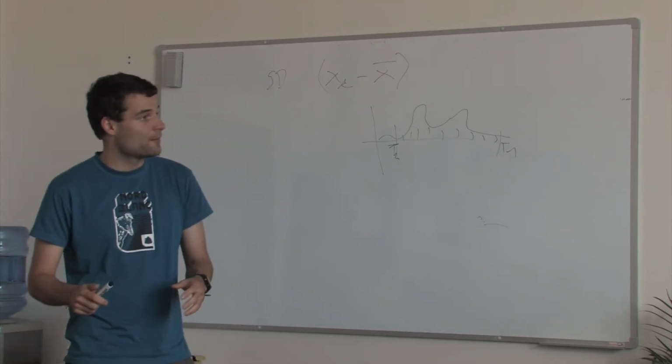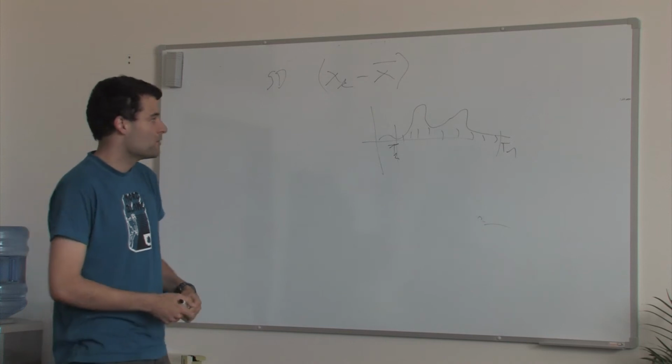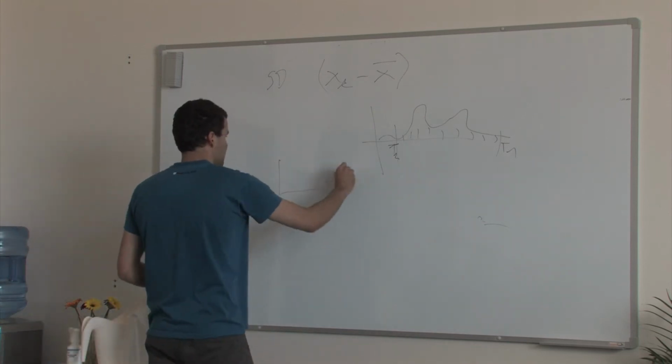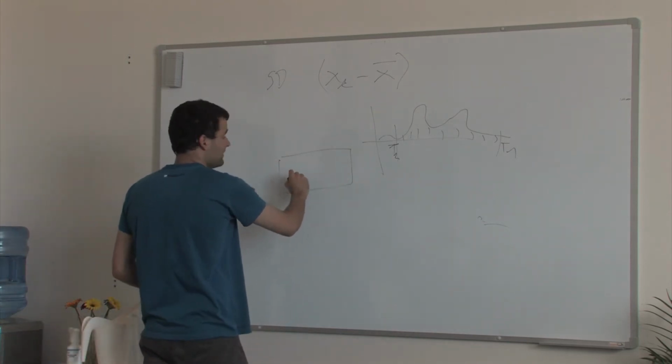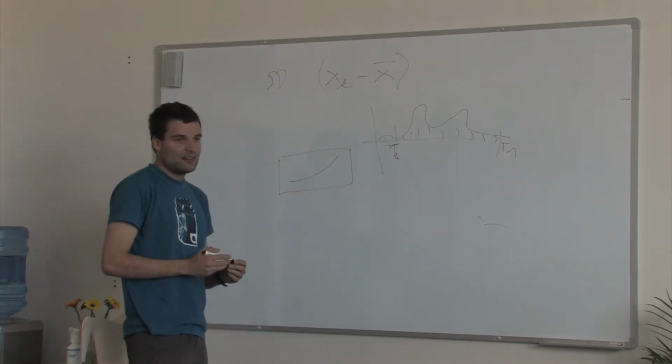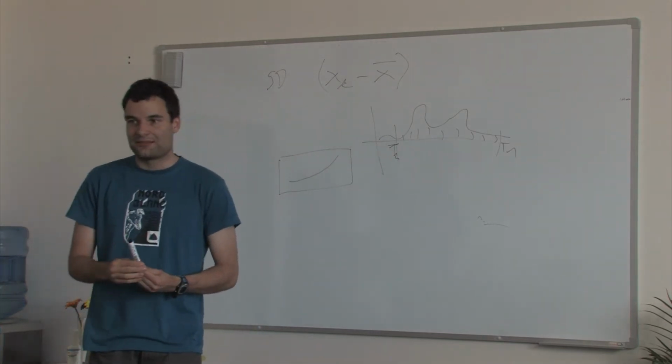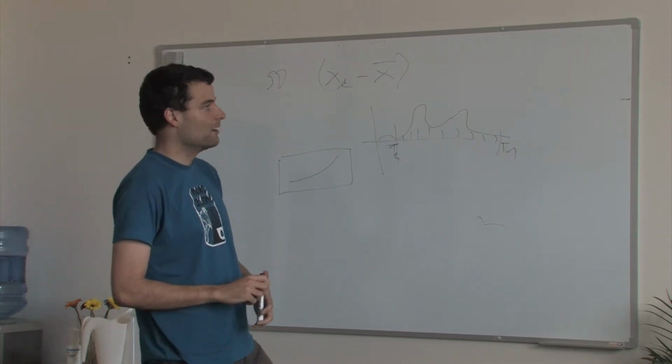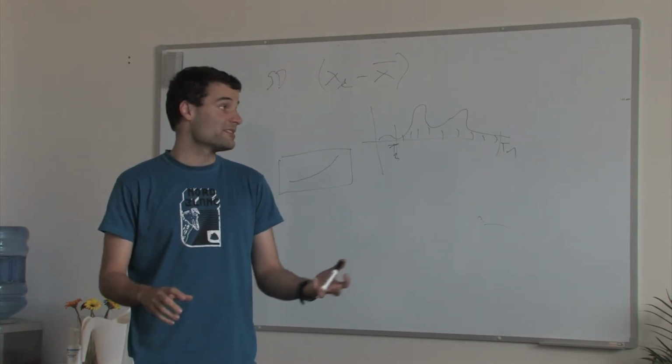After we have a smoothed curve, which in this case might look much more like this, we can fit a curve to it using, for example, least squares methods.